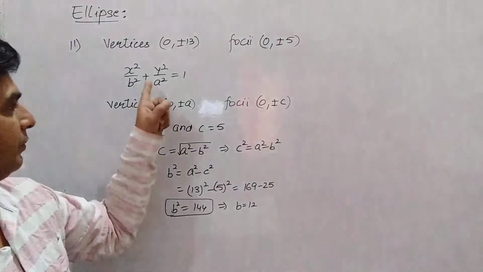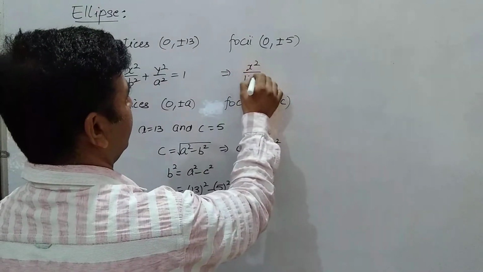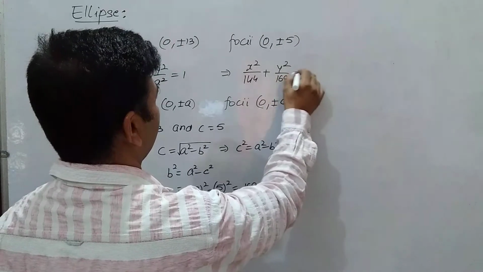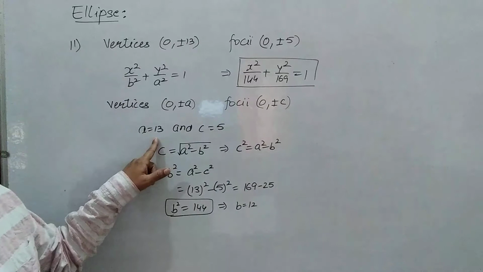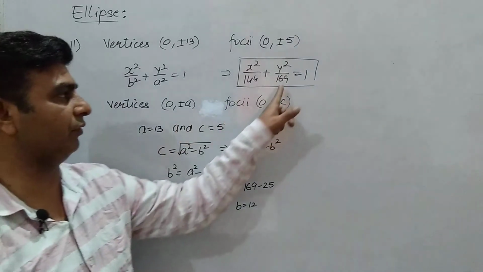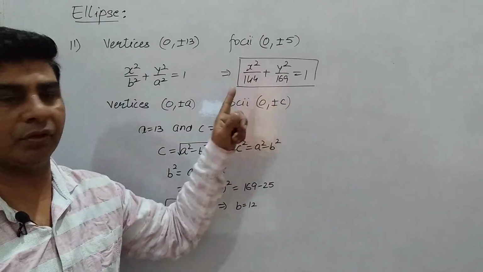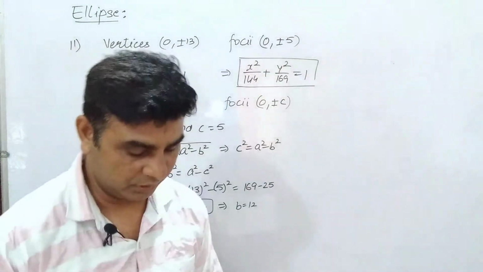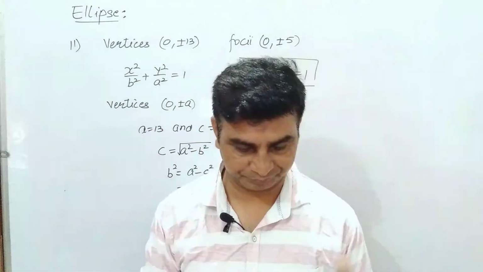The equation of the ellipse is x square by 144 plus y square by 169 is equal to 1, because a is 13 and 13 square is 169, and b square is directly 144. This is the equation of the required ellipse.